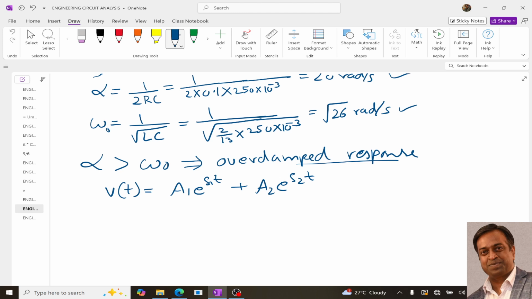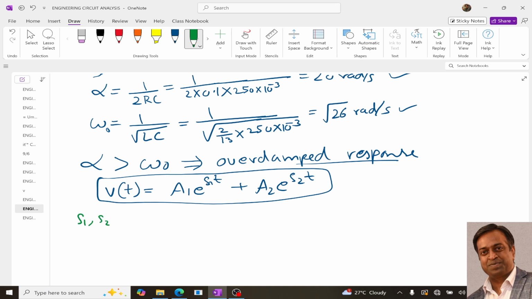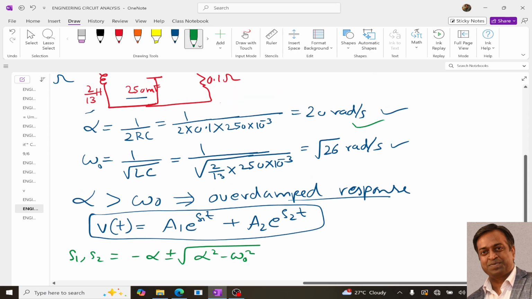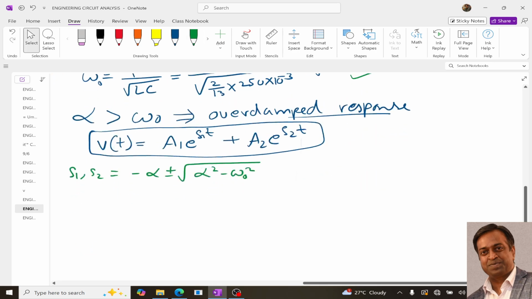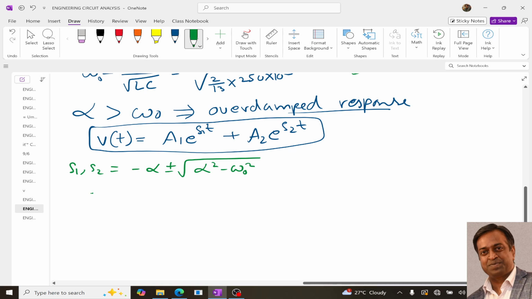So to determine S1 and S2, this is our equation. The formula is minus alpha plus minus root of alpha square minus omega naught square, right? Now substituting the values of alpha and omega naught, you will get S1 and S2 as minus 39.34 and minus 0.66, right?